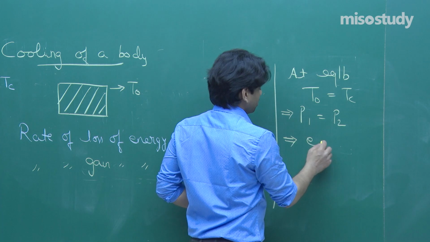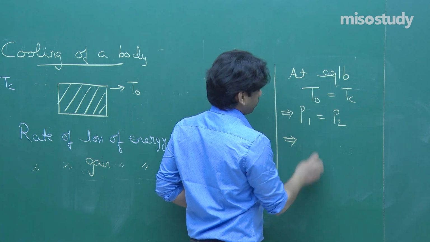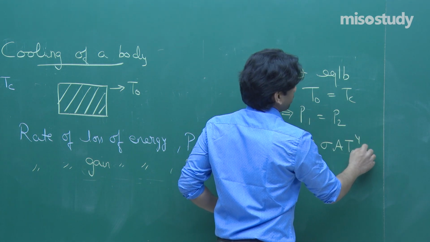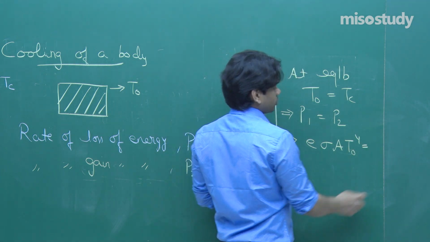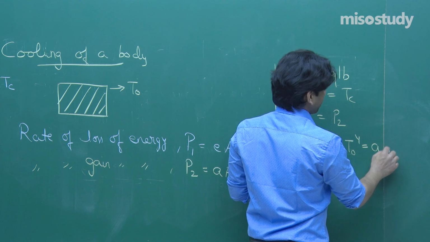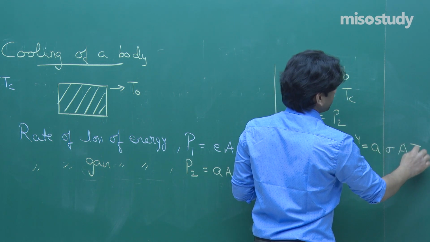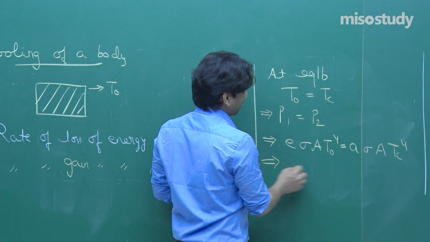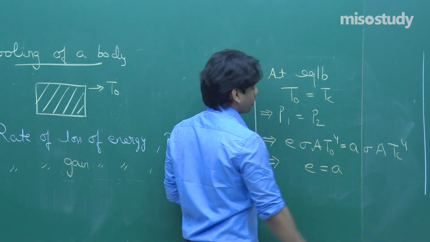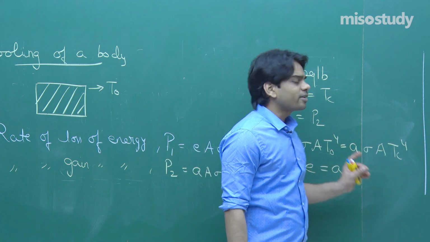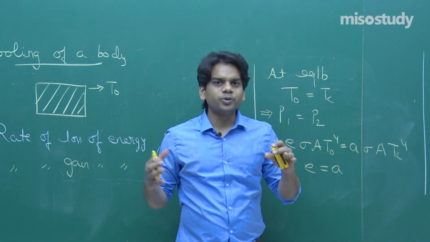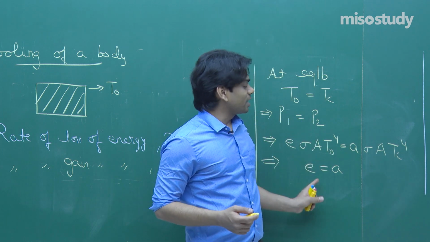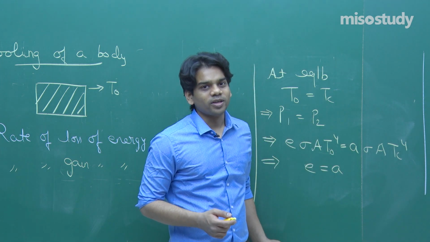So E sigma A T to the power 4 will be equal to A sigma A Tc to the power 4, and since T naught is Tc we can cancel out. So E is equal to A. The A term we have used for the absorption of the radiation incident on the body is equal to the emissivity of the body.